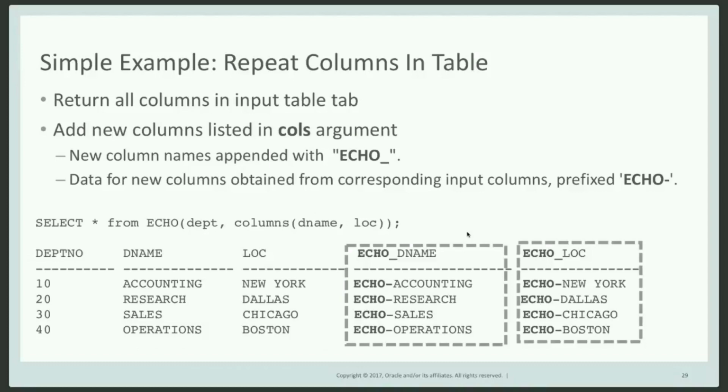So for this idea, I'm going to take whatever the column is, and on the input data, I'm going to prefix the word echo and then output that row. So this is a row semantic polymorphic table, because for each row, as the input row comes in, I can determine exactly what needs to be duplicated. So this is a row semantic PTF.